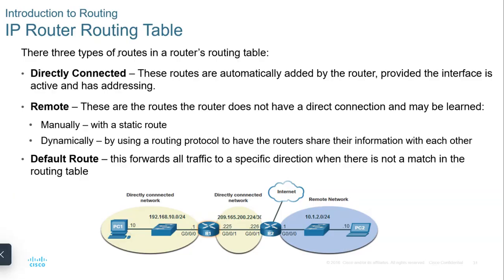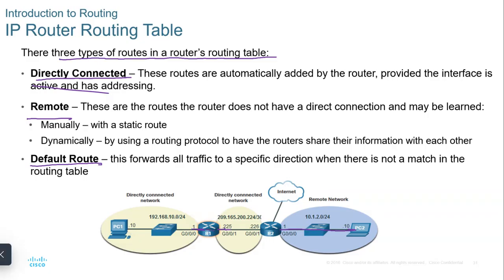In the IP routing table, there are 3 types of routes: directly connected, remote, and default route. The directly connected ones are these here. On R1, this is a directly connected network, and this is also a directly connected network. The remote network is this one, which is not directly connected to this router.